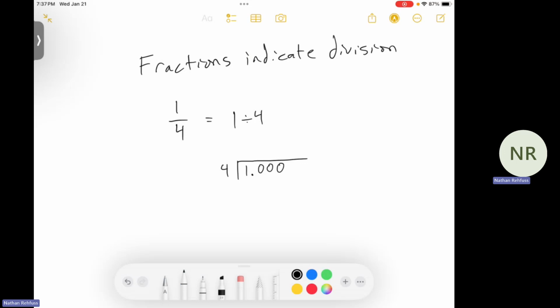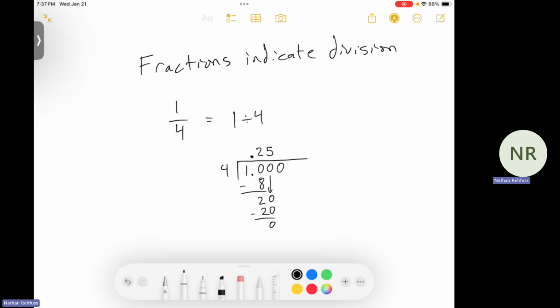So 4 goes into 10 2 times. Since the 2 is above the 0, the 2 is in the tenths place. So I'm copying the decimal point up here so that I remember that my answer starts in the tenths place. Okay? Now 2 times 4 is 8. 10 minus 8 is 2. Bring down the 0. 4 goes into 20 5 times. 5 times 4 is 20.